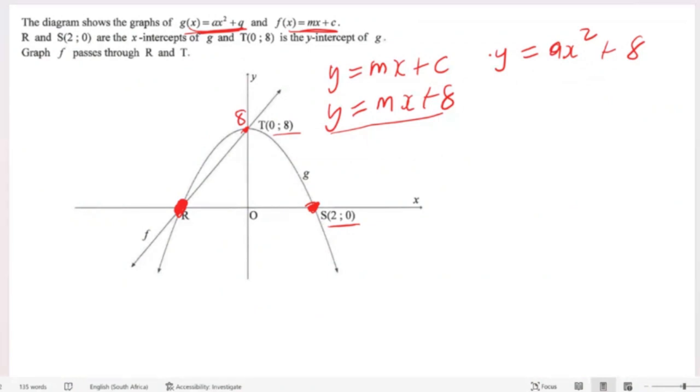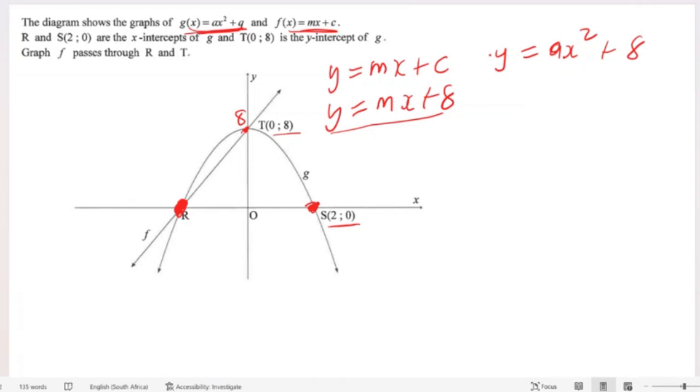Yes, I was thinking since we have the turning point coordinates, we might use them, and then use the t coordinates to find the linear equation. And we can still use both of them to find the one for the parabola.